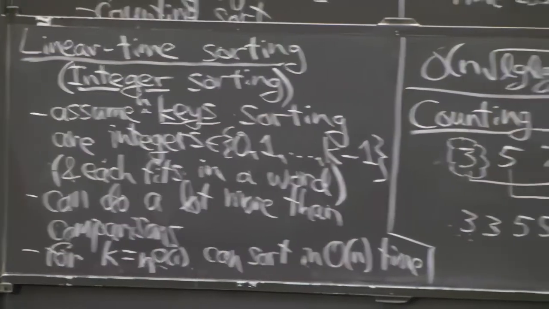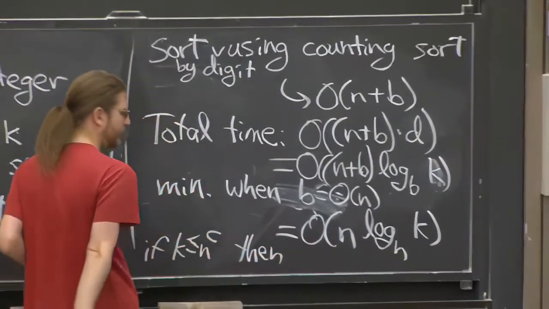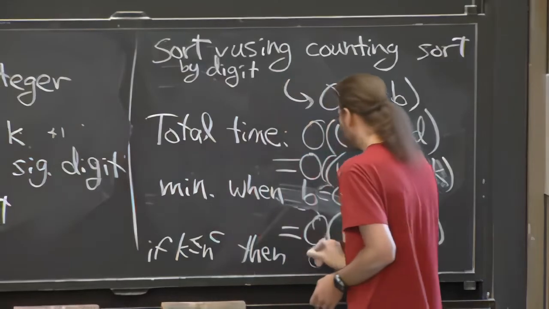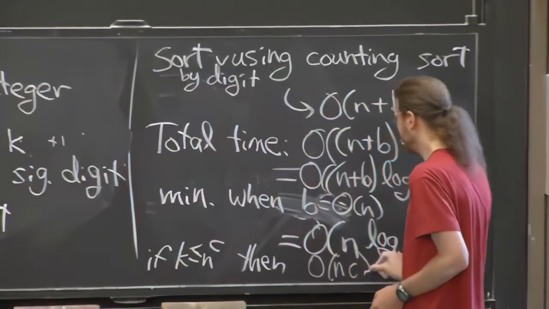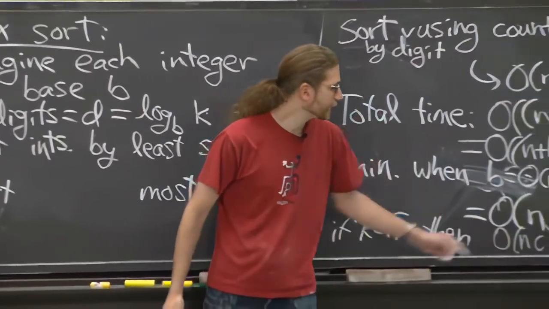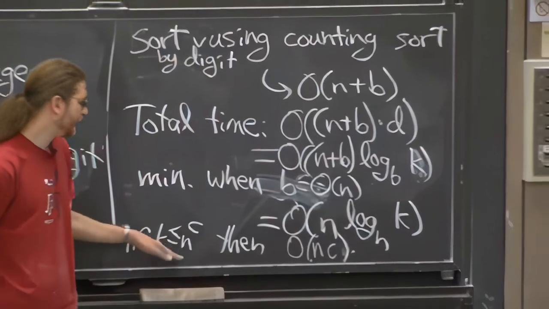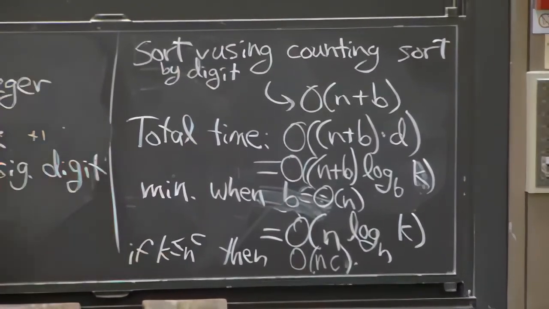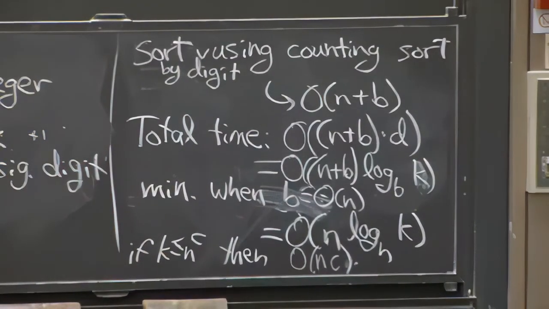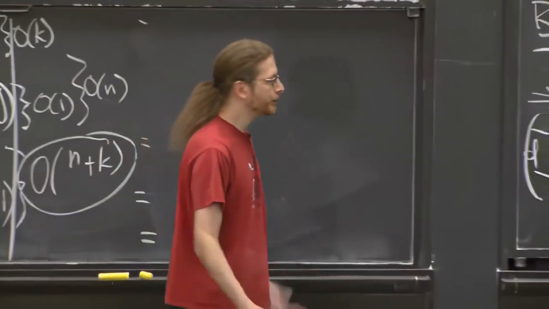If k is at most n to the c, then this is going to be order n times c. So if your integers are reasonably small, you get a linear time sorting algorithm. And reasonably small means polynomial in n, in value. That's kind of cool, and that's radix sort. And we're out of time. There's an example in the textbook or in the notes of how this works. You can prove it by a simple induction.